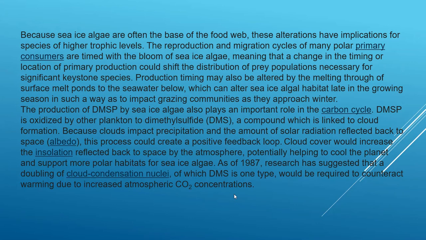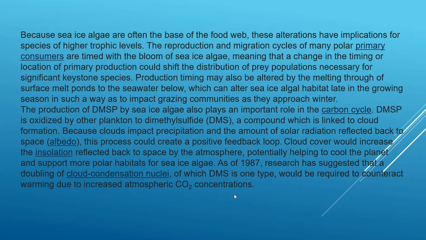Clouds impact precipitation and the amount of solar radiation reflected back to space, which I just referred to, the albedo. This process could create a positive feedback loop. Cloud cover would increase the insolation reflected back to space by the atmosphere, potentially helping to cool the planet. That is, if cloud cover persists longer than usual, then there'll be more energy reflected back to space than is trapped at the surface.